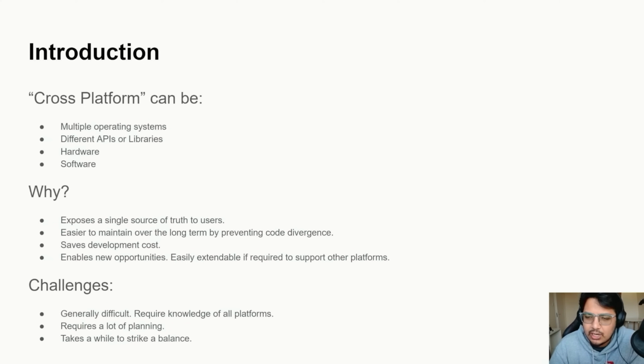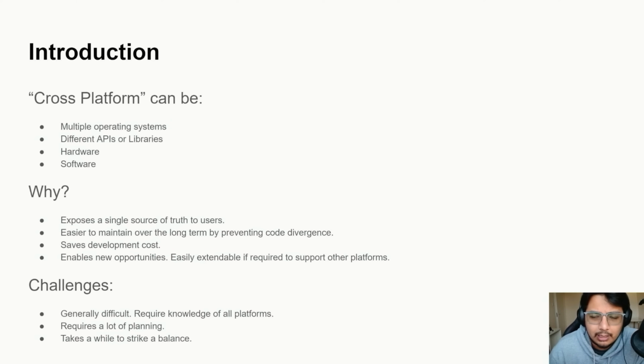So with the challenges, as with all software design, especially when it comes to abstraction layers for cross-platform development, it is generally difficult. You really need knowledge of all the platforms that you're going to support. And also it requires a lot of planning, not by one person, but ideally by a team of people that you can plan with.